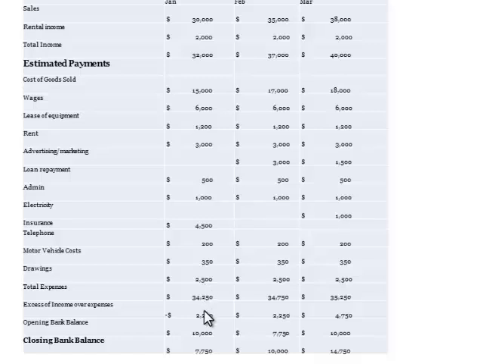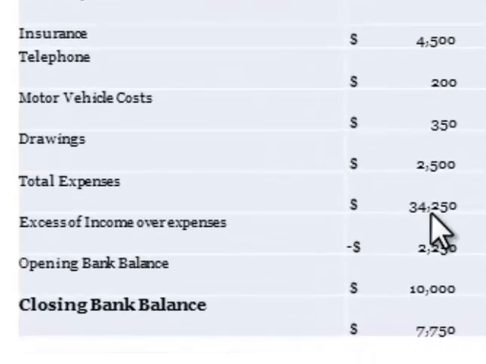Okay, and what we then work out is the estimated income over expenses. This excess is calculated by taking the total income and taking away the total estimated expenses. You can see here we've got a negative figure of 2,250.